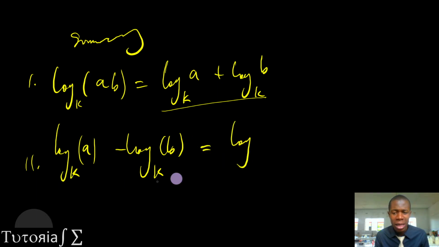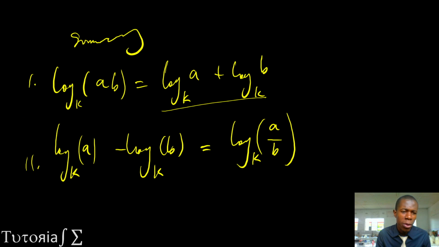We pick the base, which is k. Then we start with the one that is on top, the one we are subtracting from, so that would be a divided by b. So that was the rule there.